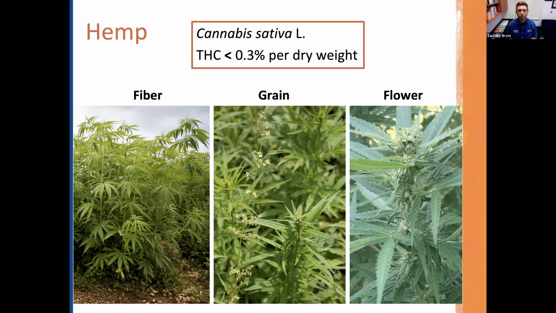The third cropping system, which generally most folks are interested in in modern cultivation, is for flower production. These varieties are high in cannabinoids. So cannabinoids that are not THC, so THC less than 0.3%, but higher in other cannabinoids such as cannabidiol, which is CBD, or cannabigerol, which is CBG.